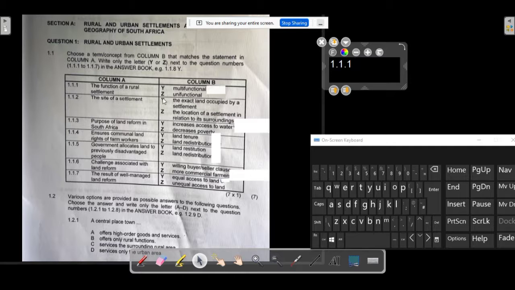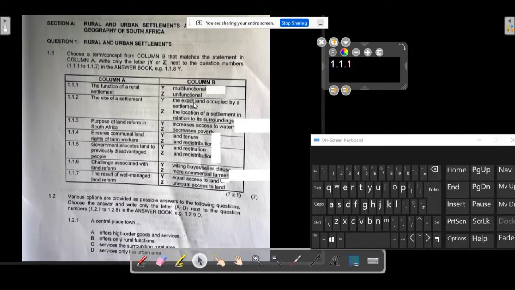But of course it's a rural settlement, so we only see one dominant function there, and that function is the primary activities. You only see farming, forestry, fishing. These are rural areas, so those are the most dominant economic activities.